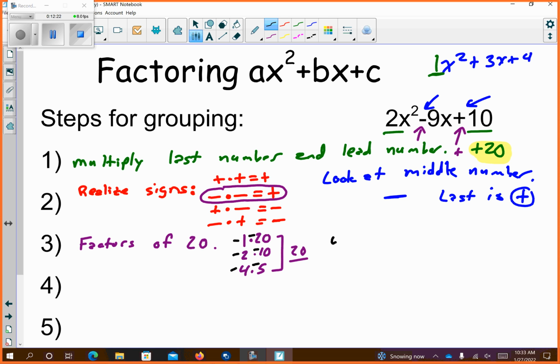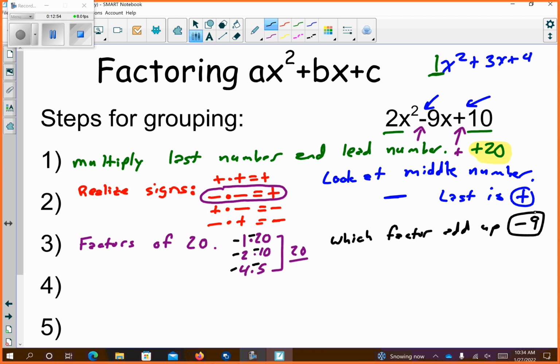So which factors add up to negative 9? Negative 9 is part of the problem. Agreed? If I add negative 1 and negative 20 together, I get negative 21. Is negative 21 the same number as negative 9? I don't think so. What about negative 2 and negative 10? If I add negative 2 and negative 10 together, do I get negative 9?